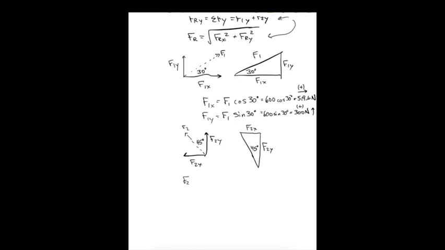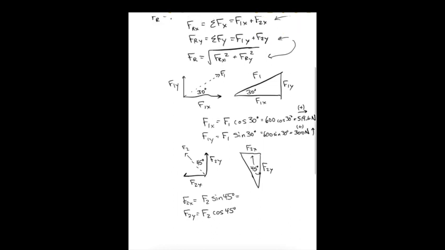So in this case, F2x is equal to the sine of this angle because it's opposite. So we see that F2x is going to be equal to F2 times the sine of 45 degrees. F2y is equal to the cosine because it's adjacent. Plug our values in, we see that F2 is 400.